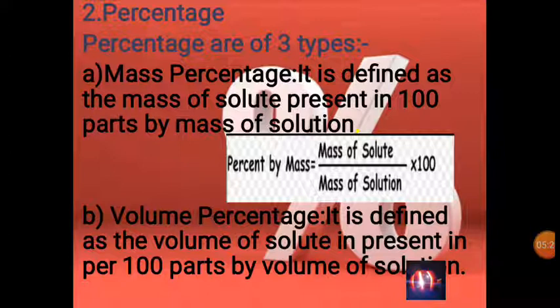The second is volume percentage. It is defined as the volume of solute present per 100 parts by volume of solution. For it, we use volume of the component upon total volume of solution into 100. The third kind of percentage is mass by volume percentage. It is defined as the mass of solute in gram present per 100 ml of solution.